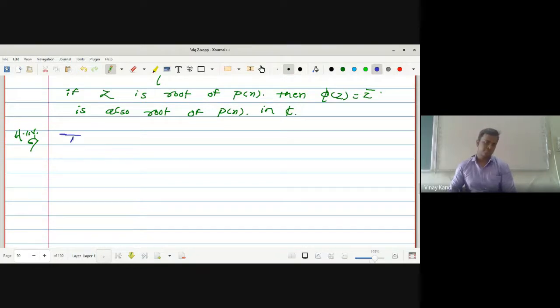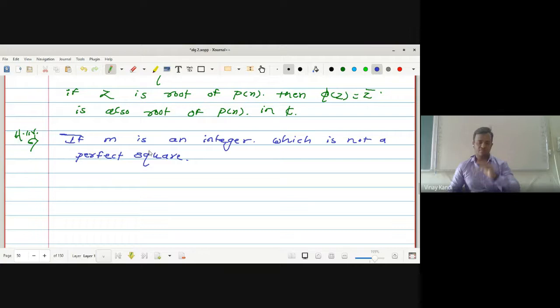If small m is an integer which is not a perfect square. What is the meaning of perfect square? 1, 4, 9, 16, 25 are the perfect square numbers.